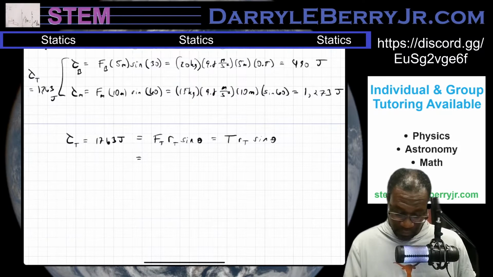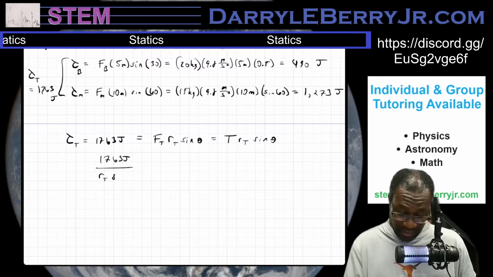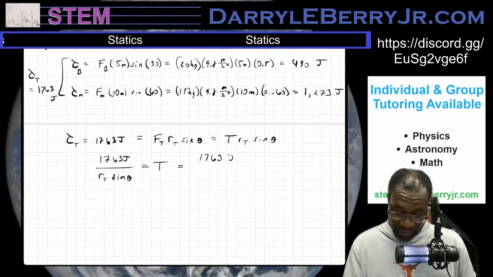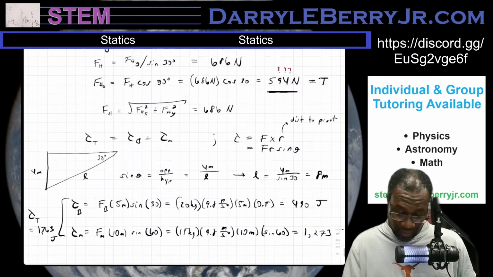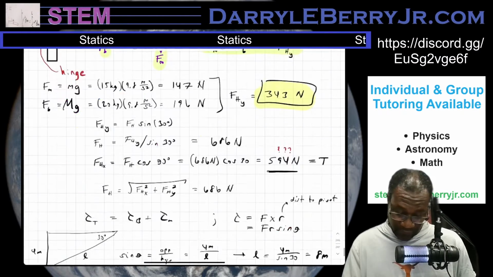So this is how we can get the distance that we need. To me, the force that we need. So 1,763 joules divided by R T sine theta equals T, which equals 1,763 joules divided by, what was that, 8 meters sine of 30.